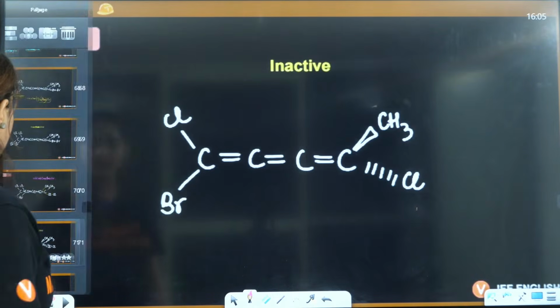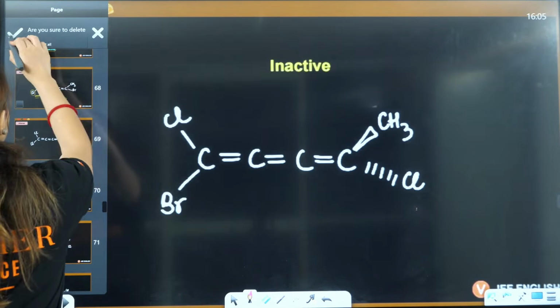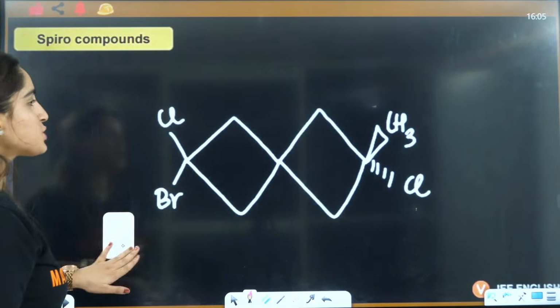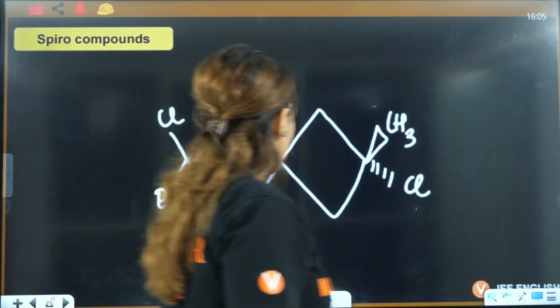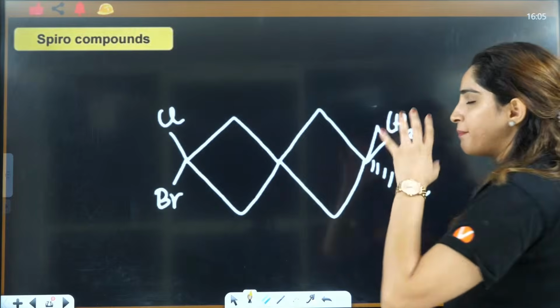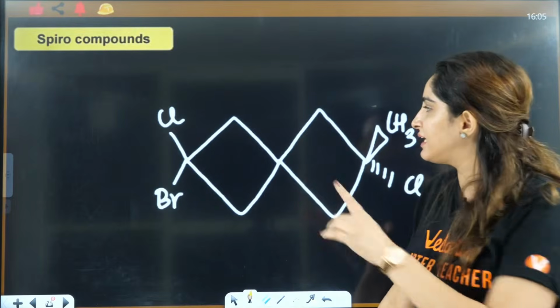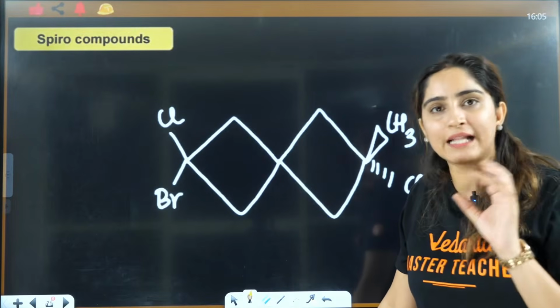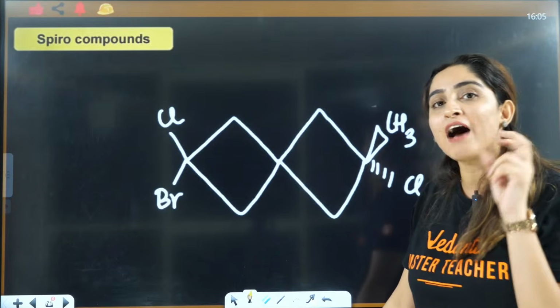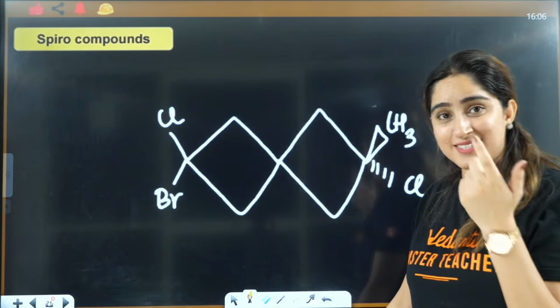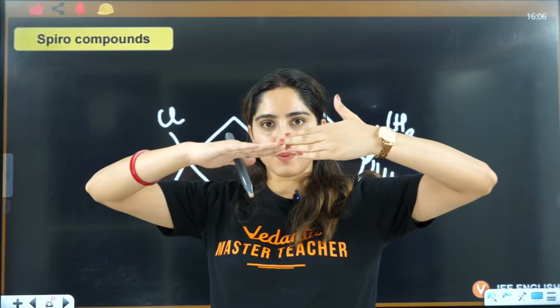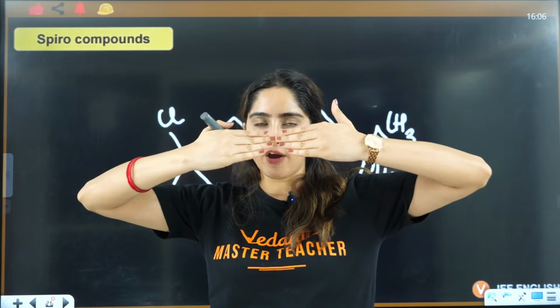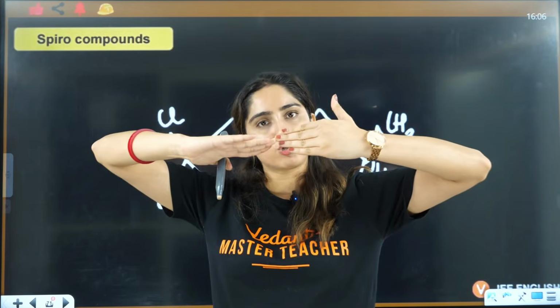Next we have spiro compounds. In spiro compounds, replace the double bond with these rings. Everything else is the same. Just like in double bonds, the planes are perpendicular, even in spiro, if you have 2 spiro, these are also perpendicular.